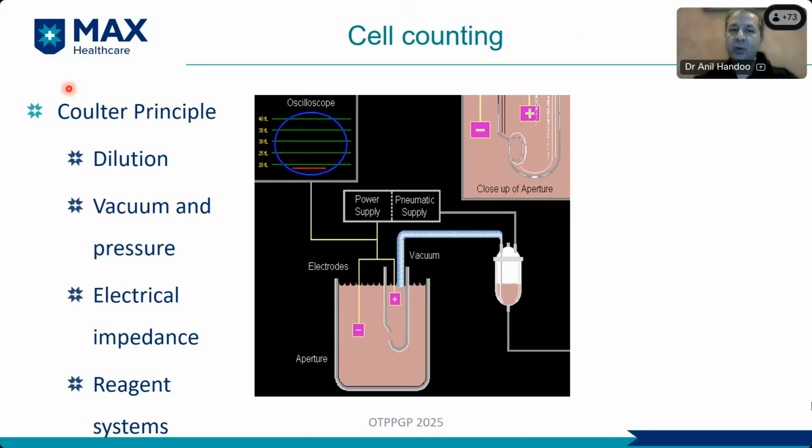There's something called the Coulter principle, in which we dilute the sample, we put it through the vacuum and the pressure, and we also make it pass through a hole through which the current will pass, as long as this is a good conductor of electricity here. And then once the cell comes in between, it becomes a bad conductor of electricity and impedes the current between these two, and that helps you to identify it as a pulse.